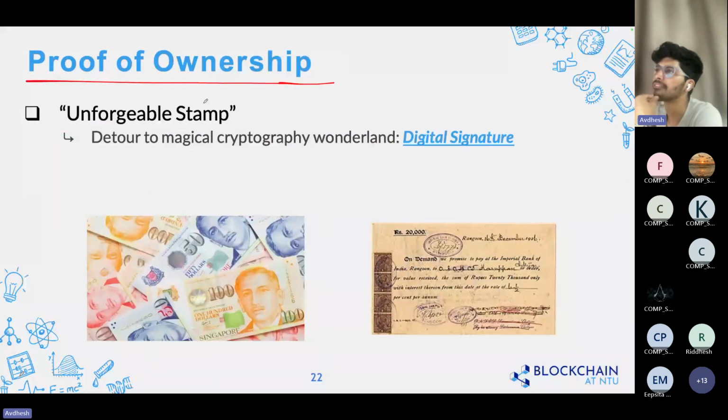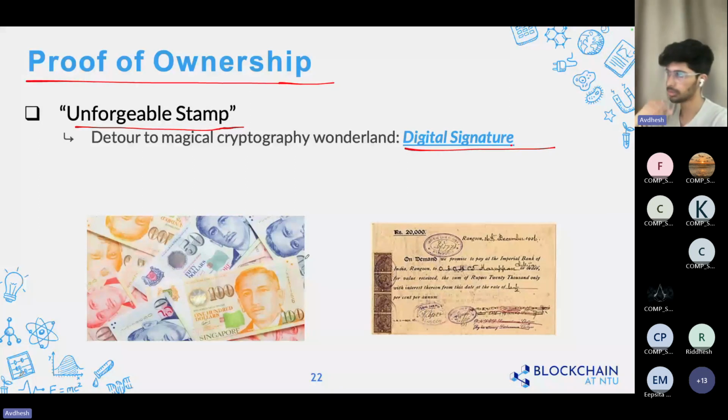So how do you have this concept of owning something on the internet? There's something called digital signatures here. This is more like cryptography, and we'll go into cryptography more. It will be a bit math heavy, but I hope I don't make it math heavy and make it a bit more fun.